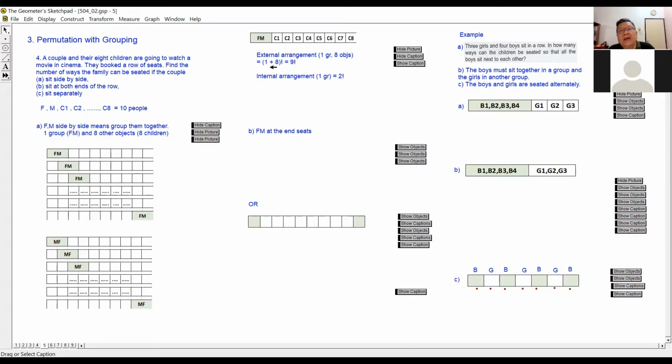Father, mother grouping and 8 children. Altogether, there are 9 objects. Altogether, 9 factorial. Then the internal arrangement of father and mother, because 2 of them, the internal arrangement is 2 factorial.